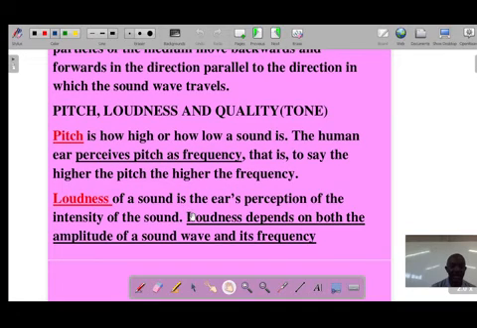The lower the amplitude, the softer the sound. It won't be loud. So pitch is related to frequency, and loudness is related to amplitude.